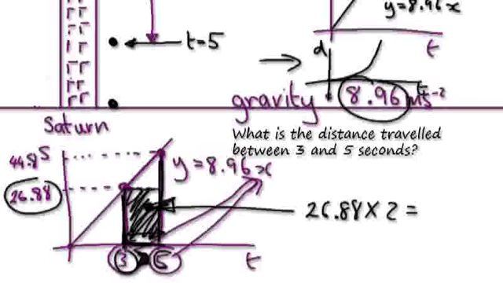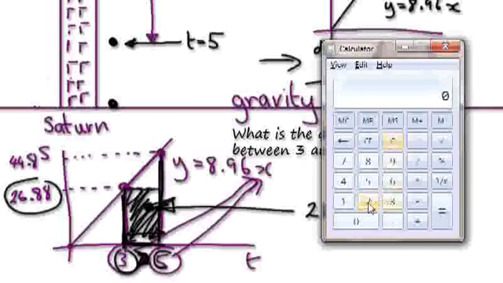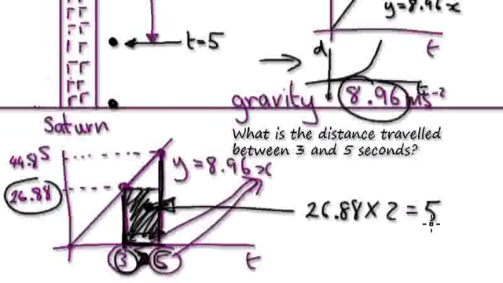That equals, hang on, calculator, clear, 26.88 times 2 equals 53.76. Okay, and now we need to do this triangle.